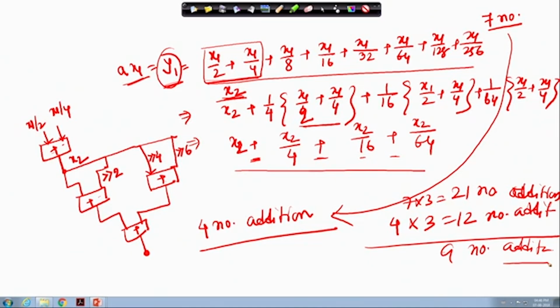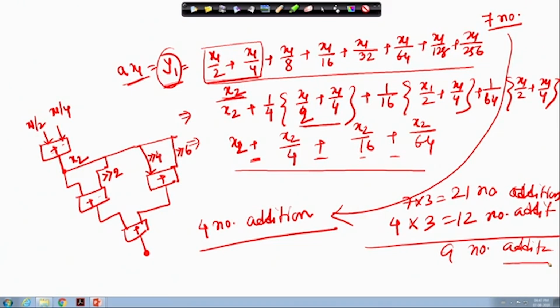So, this particular thing whatever I did, that x1 by 2 plus x1 by 4 which I have taken common, okay, this is basically known as binary common sub expression elimination algorithm. So, these are basically the sub expressions related to this.